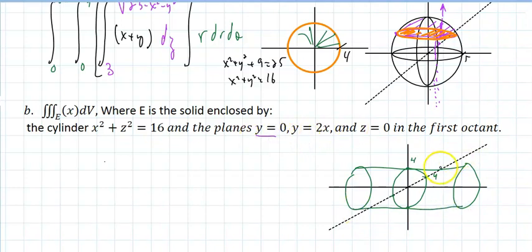Y equals 0, z equals 0 is the floor, and y equals 2x. So to reach the side, I need x to reach 4, right? So that it hits the side. If x hits 4, then y would be 8.